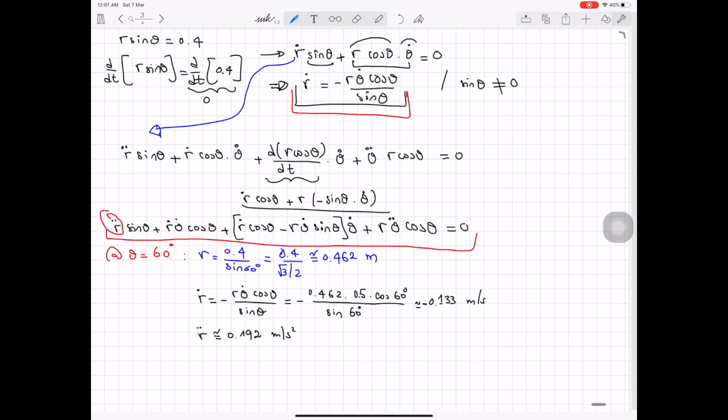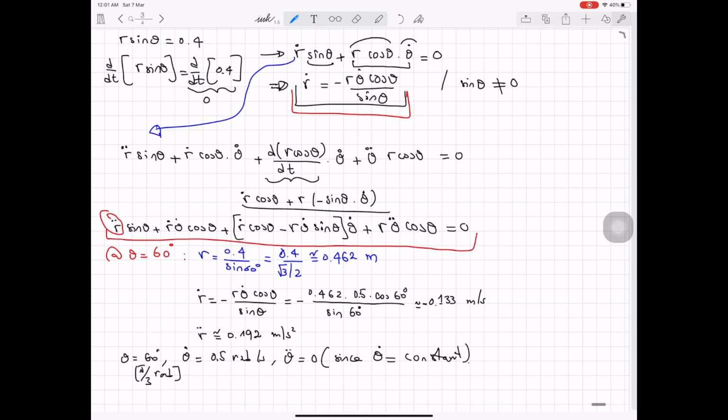Good? Now I have r dot, I have r double dot, and I am given theta equal to 60 degrees, theta dot equal to 0.5 radians per second, 60 degrees is pi over 3 radians, and I have theta double dot equal to 0 because theta dot is constant.